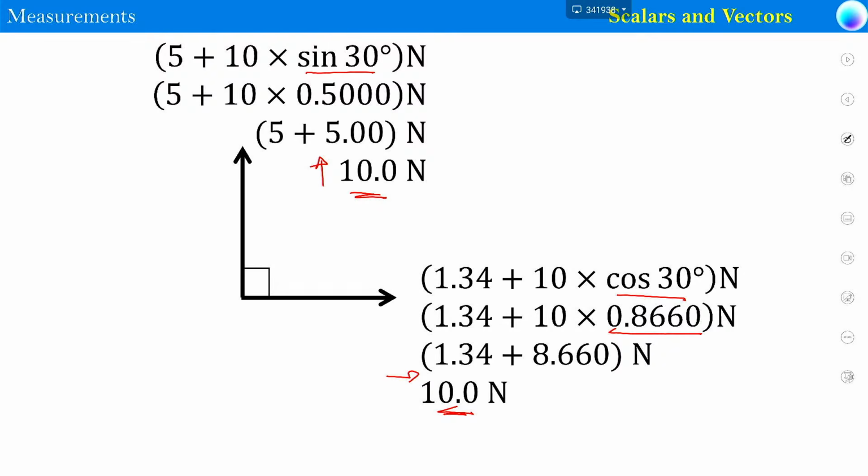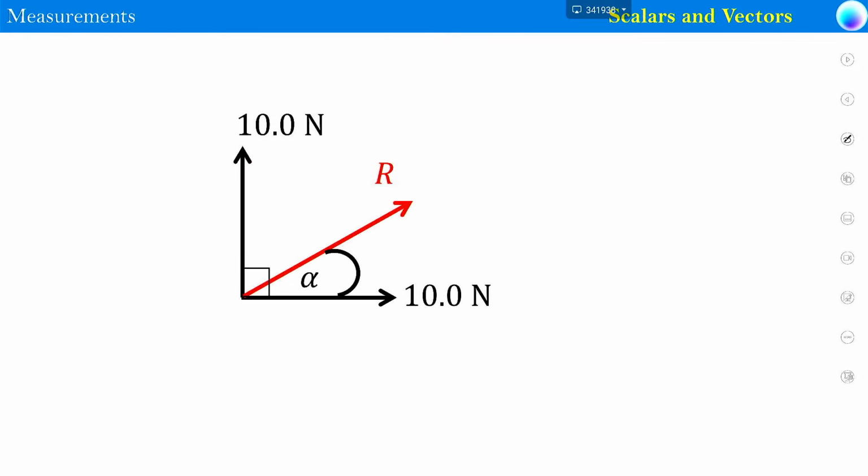Now how many vectors do we have now? I call this OY and I call this OX. Now I have 2 vectors, 1 and 2. So we started with 3 vectors, resolved it to 4 vectors, and now we have 2 vectors. When we have 2 vectors, we can easily use our theory, okay?